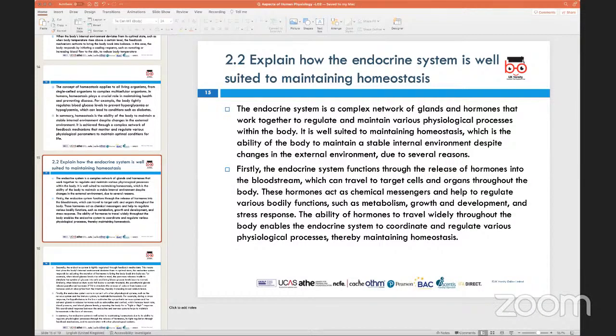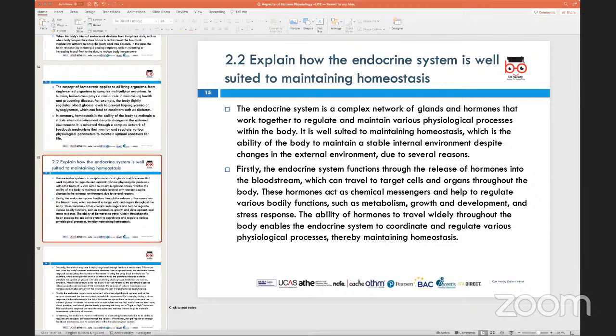And as you would have seen in the video, it explains that various hormones from the different glands or organs which make up the endocrine system. Different organs actually release different types of hormones in our bloodstream, and they target and help regulate different mechanisms in our body in terms of normal functioning.